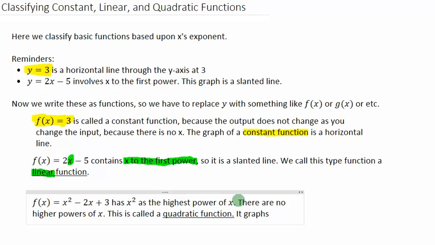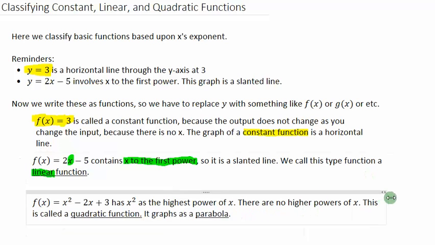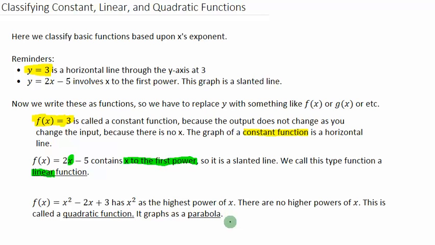It graphs as what's called a parabola. We're not going to actually worry about graphing it right here. We just want to classify, be able to recognize what types of functions these are. A parabola looks like this sort of curve opening in the downward direction, or opening up like this. That's what you get when you graph a quadratic function.